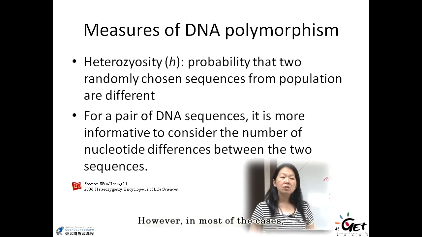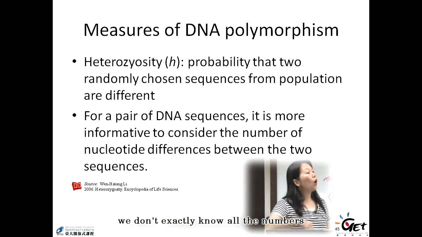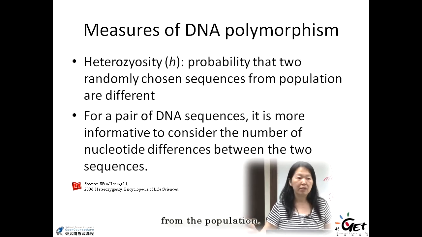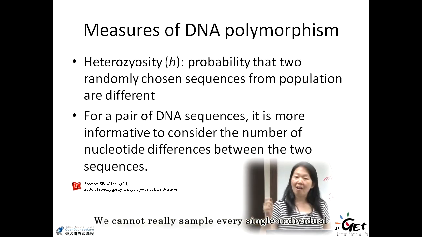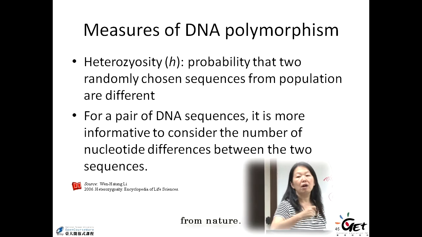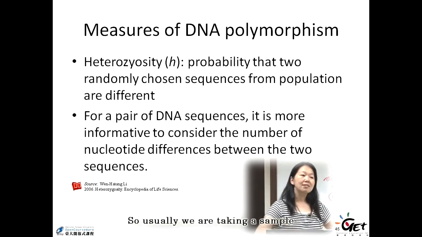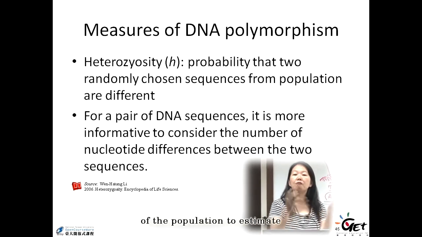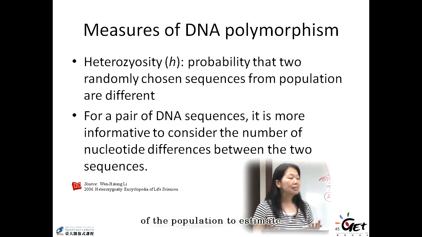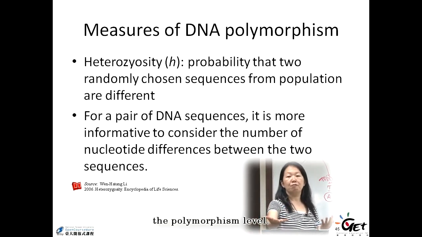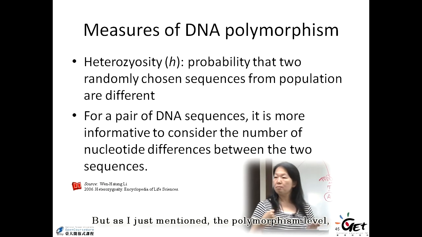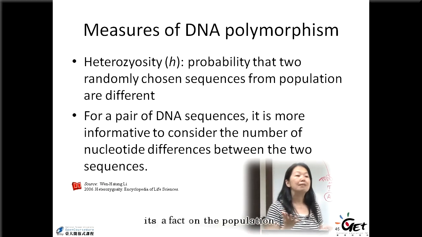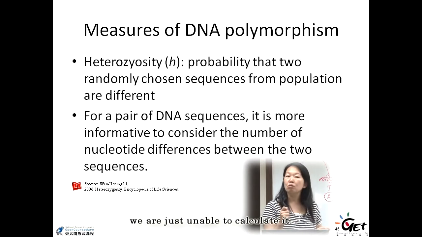However, in most cases, actually in all the cases, we don't exactly know all the numbers from the population. We cannot really sample every single individual from nature. So usually we are taking a sample of a population to estimate the polymorphism level. But as I just mentioned, the polymorphism level is a fact in the population. We're just unable to calculate it.